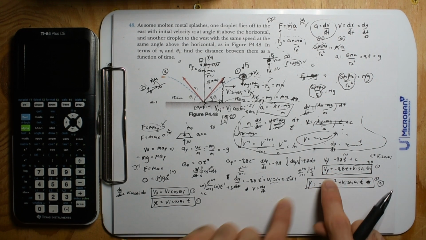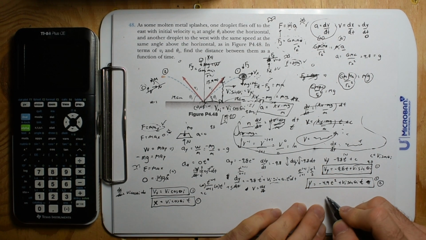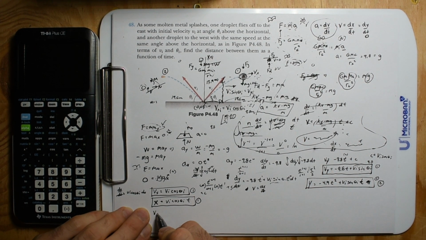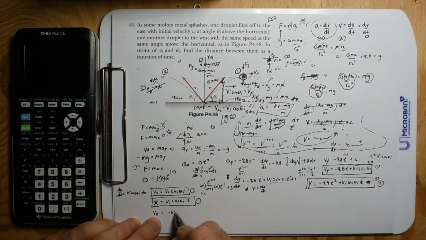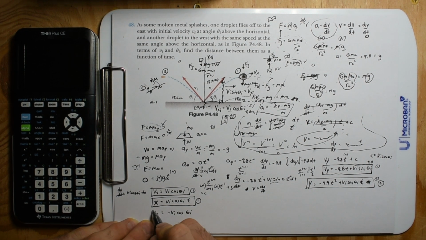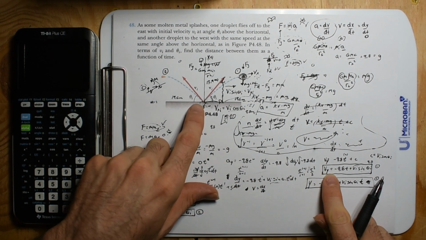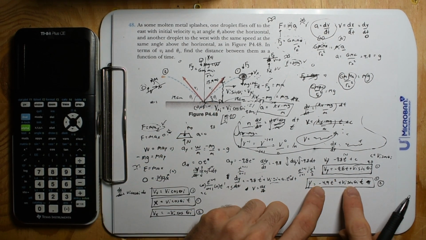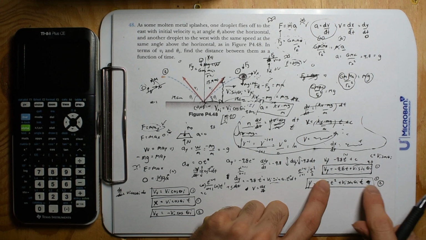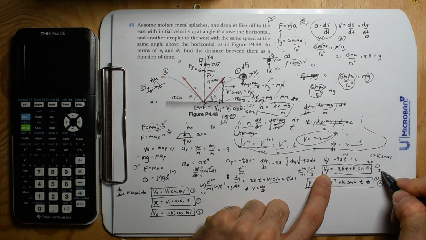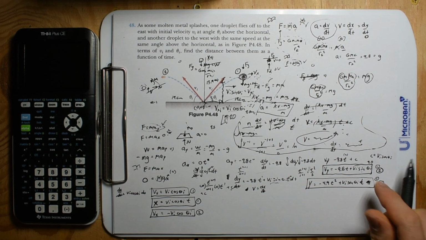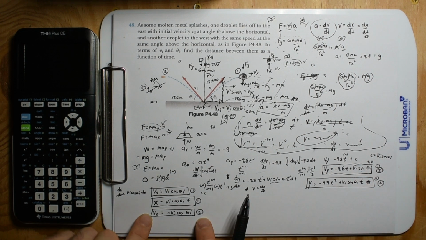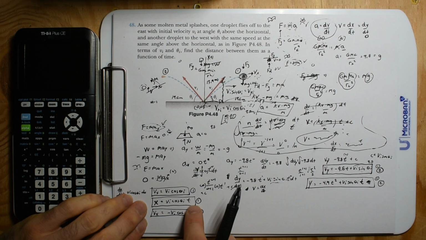But let's do the velocity in the x: it's going to be negative v initial cosine theta initial. This is for droplet 2. In the y direction, the position is the same, so the velocity in the y direction for the droplet is the same.